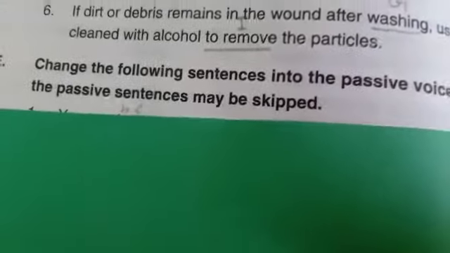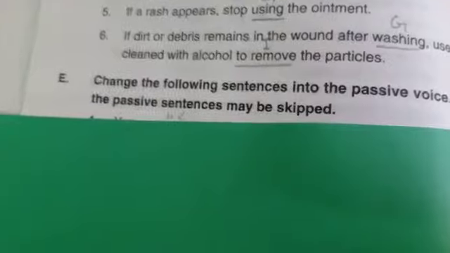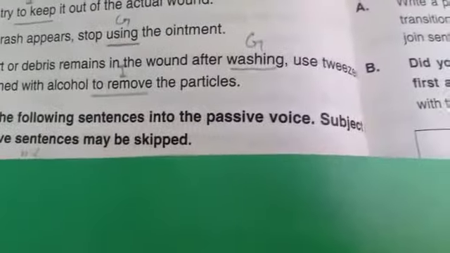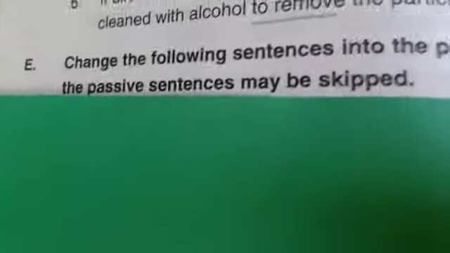In the next part, students, part E, change the following sentences into passive voice. Subject in the passive sentences may be skipped. Students, in 9th class, we already learned the rules of passive voice.